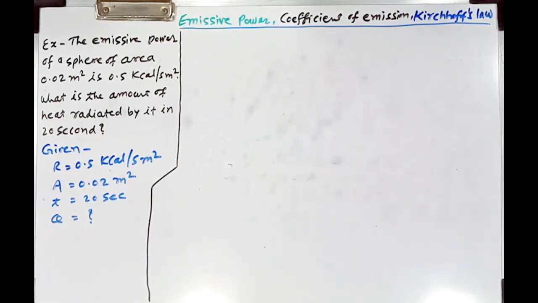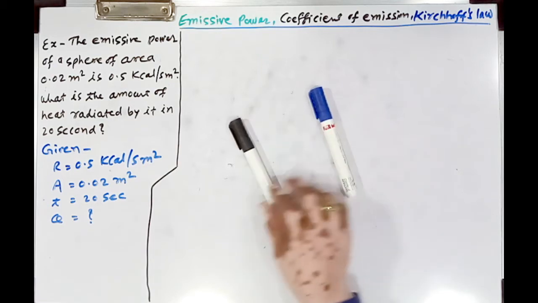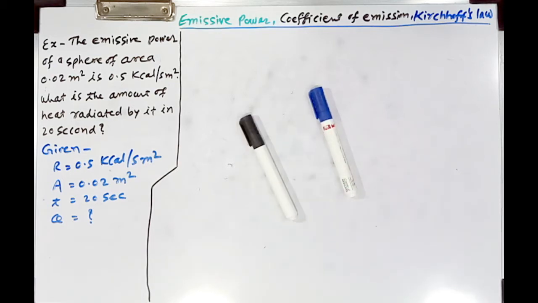In the last video we have studied what we mean by radiation. Radiation is a process in which the heat is transferred in the form of electromagnetic waves. The heat transfer in such a way is called heat radiation or thermal radiation or simply radiation. The radiant heat is emitted by any body. For example, there are two bodies. Both bodies can emit radiation at any temperature.